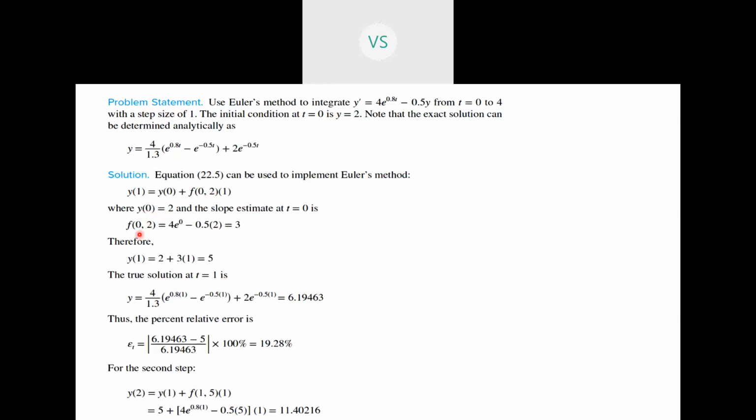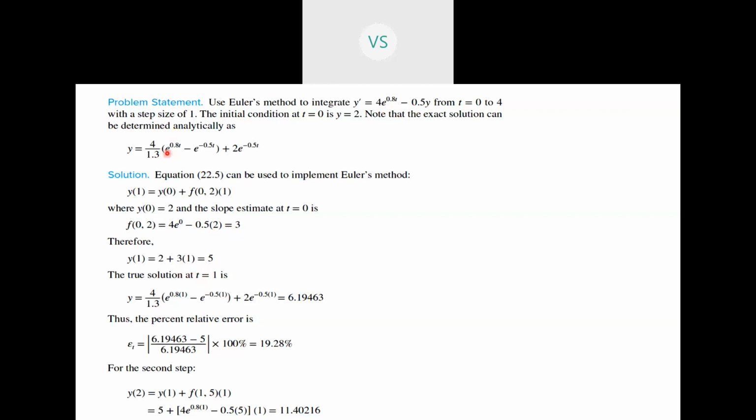We substitute t equal to 0 and y equal to 2 in the function equation, 4e raised to 0.8t minus 0.5y. So we obtain this value as 3, then we substitute over here and we get y1 as 5.